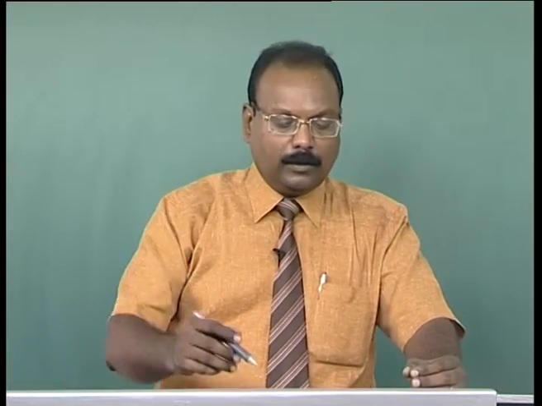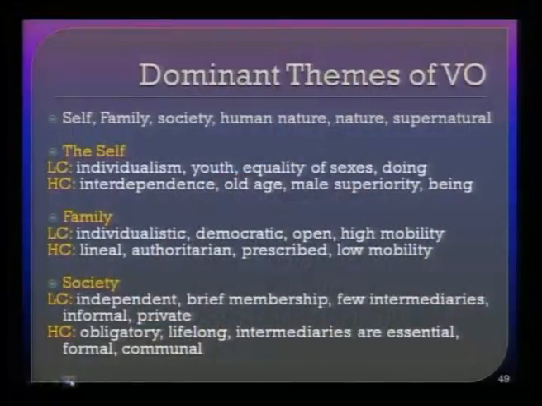So, let us look at the dominant themes of value orientation in terms of self, family, society, human nature, nature and supernatural. Now, first when you look at the self, if the context is low context, the values which are nurtured in terms of self are individualism, youth, equality of sexes.